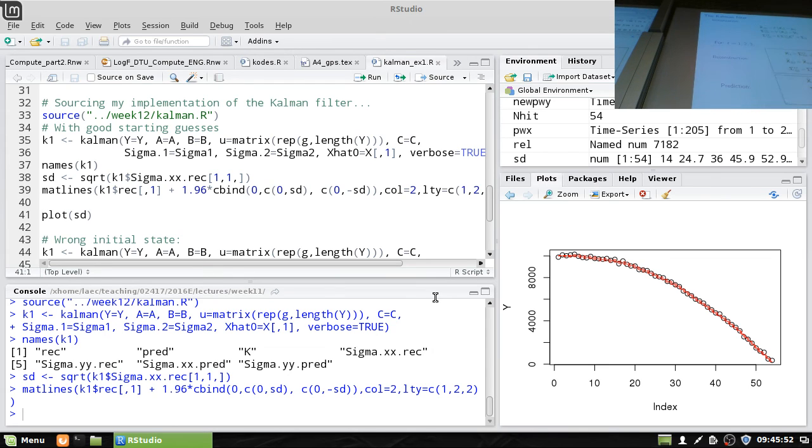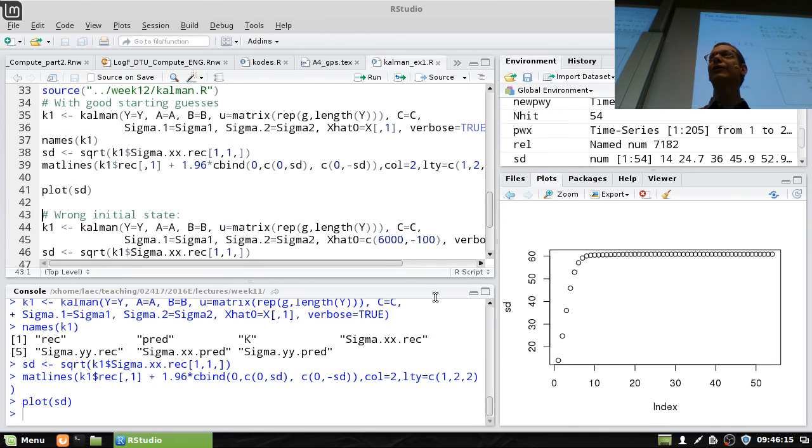So you basically take sigma xx divided by sigma yy. And if this is 1,000 times larger, well, the Kalman gain will be 1 over 1,000, which is small. Therefore, we just use the system. It's just the forecast that really happens.